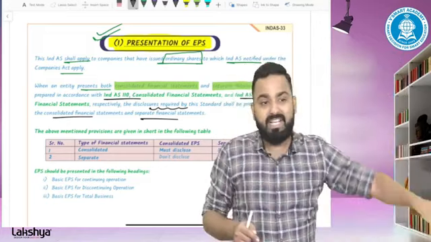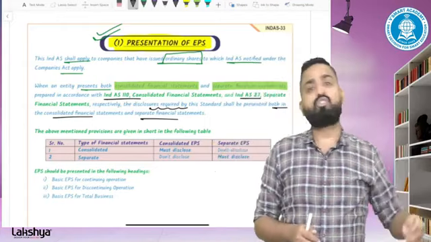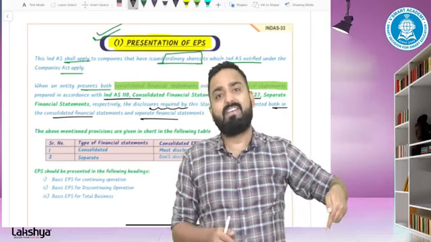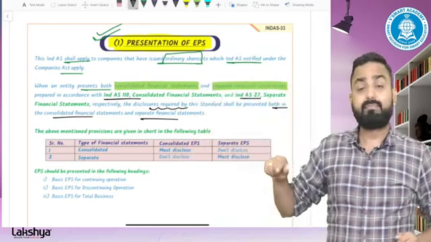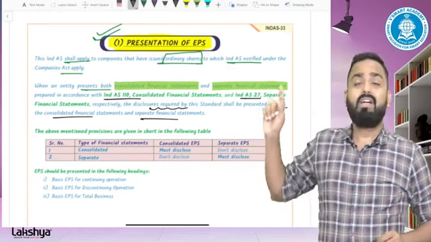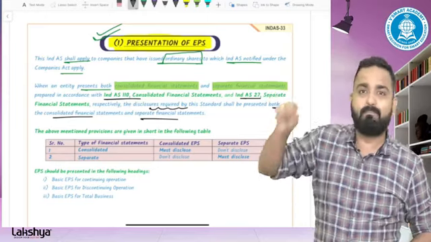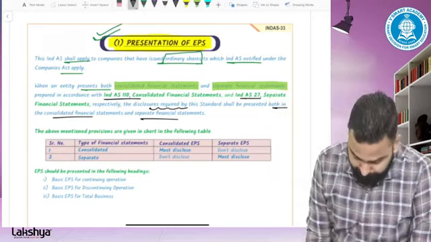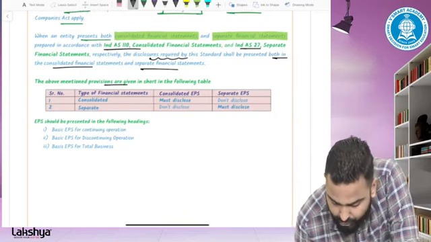CFS is for the entire group, so the EPS disclosed under CFS shall be of the entire group. But as far as SFS is concerned, EPS is for the particular company only. The above mentioned provisions are given in the following table.